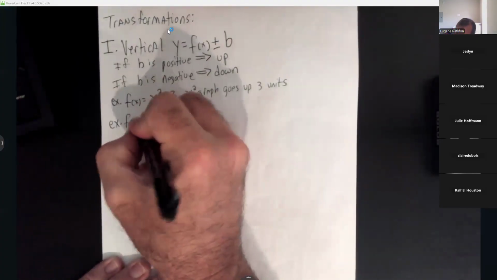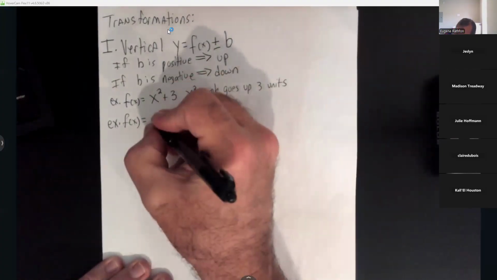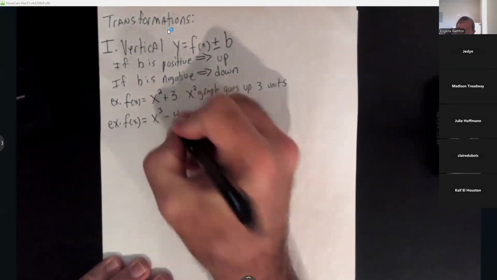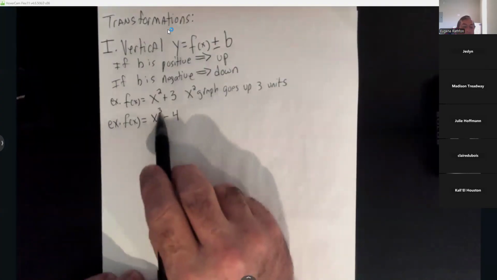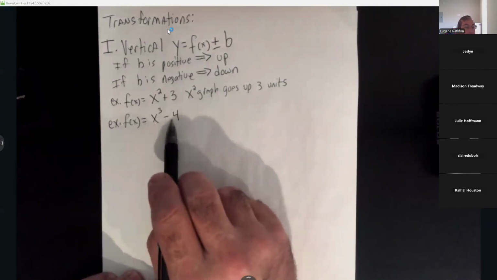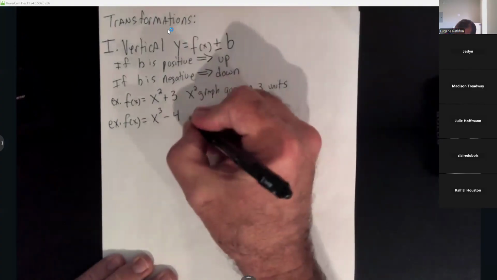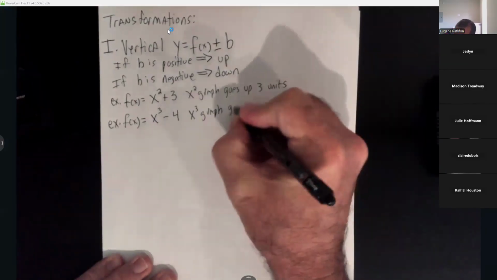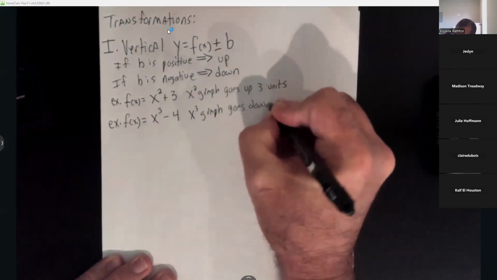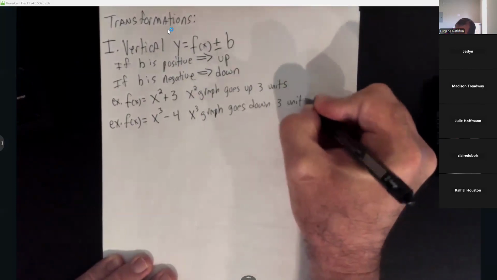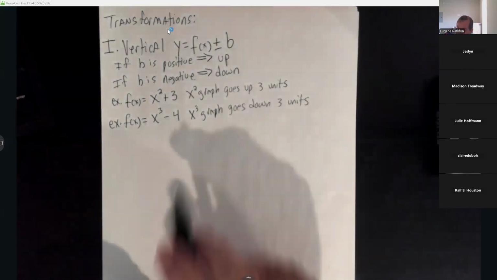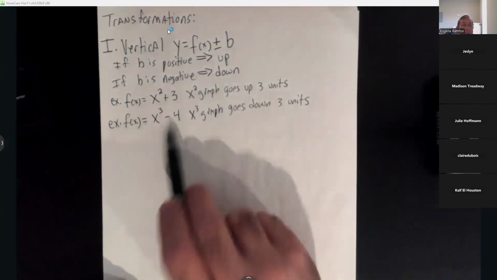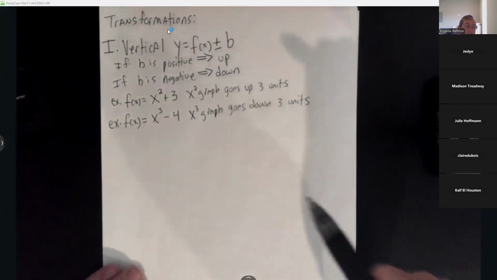What if my function was x cubed minus 4? So here's my x cubed function. So if I subtract 4 from that, then that means my x cubed graph goes down 4 units. Okay, so we got to know what our basic graphs are, the x squareds or the x cubeds, and then what the adding and subtracting is doing to that. Moving me up or moving me down.